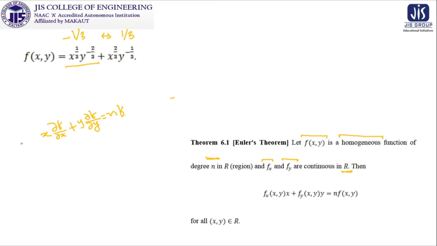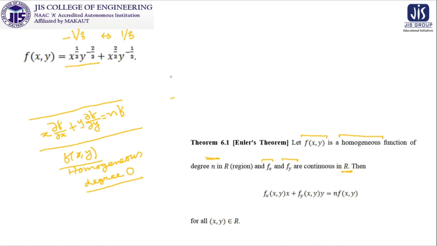Now think, suppose this is Euler's theorem and we are trying to apply it for a function f(x,y) which is homogeneous of degree 0. Then Euler's theorem will give you the relationship that the result of x del f del x plus y del f del y will be 0, because it will be multiplied with n. Now one can think, what is the benefit of learning this? Think about it.